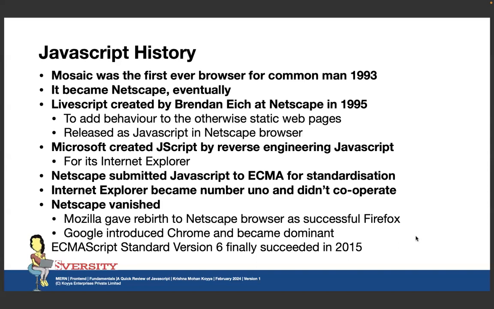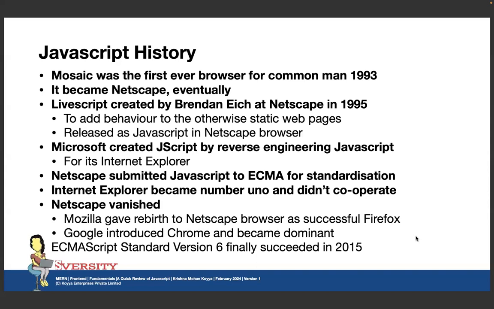Internally, it was known as Mocha initially, but officially it came to be known as LiveScript. It happened in 1995. LiveScript is a scripting engine in a way. It adds behavior to the web pages after they get loaded onto the browser.